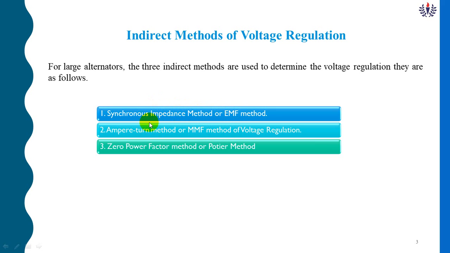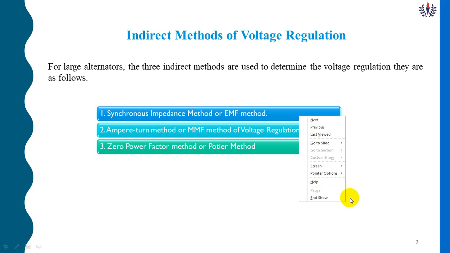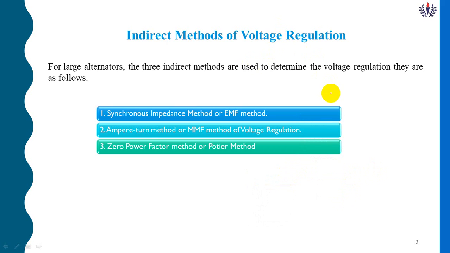The MMF method's other name is the ampere turn method, which is applicable to the magnetomotive force in the winding. The third method is known as the ZPF method, whose other name is the Potier method. All these methods you are going to do in your lab.